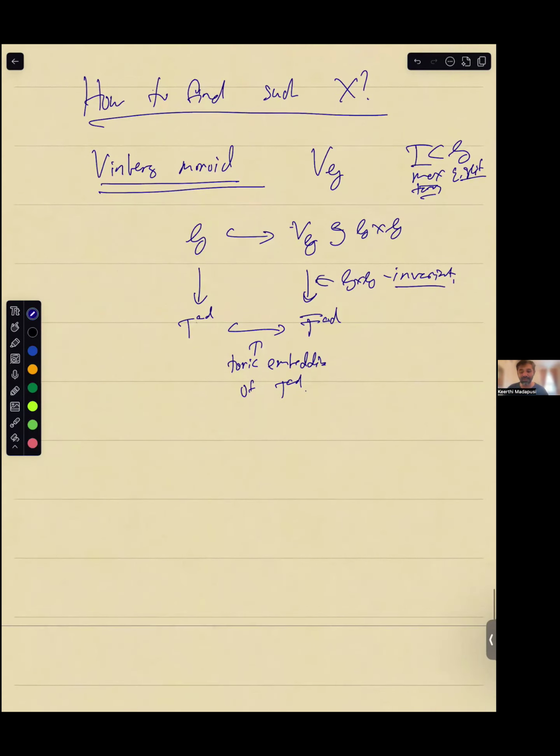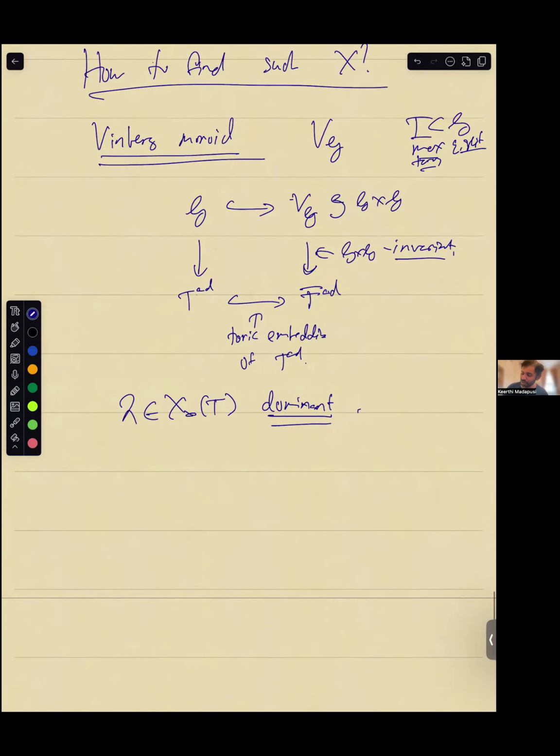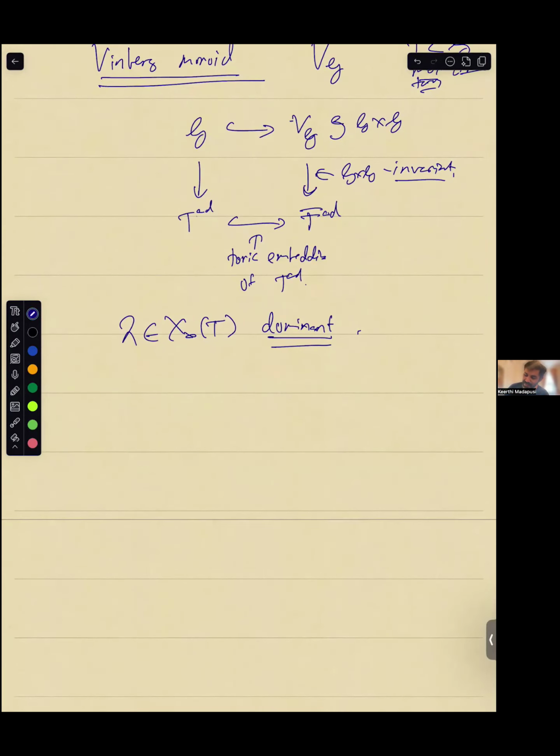And one particular feature that this has is that if I fix a dominant character, so that means I've fixed a Borel and all that kind of stuff, then you have lambda of p, a map from Spec Q_p to T. This actually extends to a map to T_ad bar.